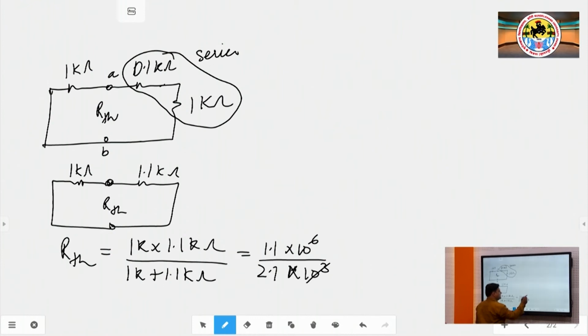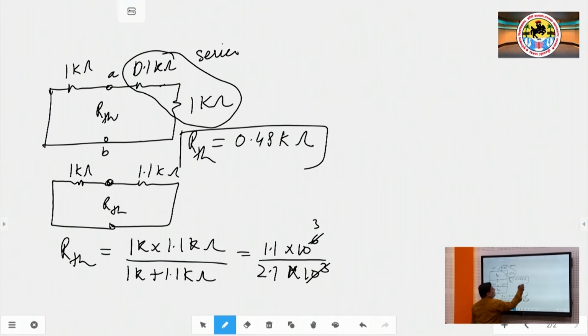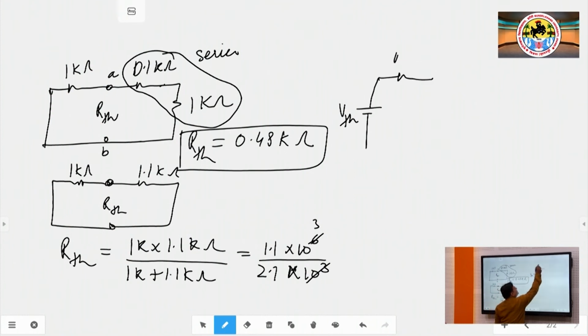Now, 10 to the power 3 cancels. So, it is around 1.1 by 2.1, around 0.5, approximately 0.48 kilo ohm. So, RTH is 0.48 kilo ohm.